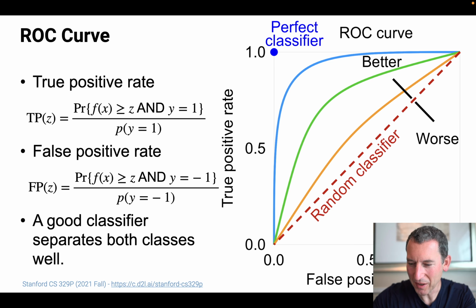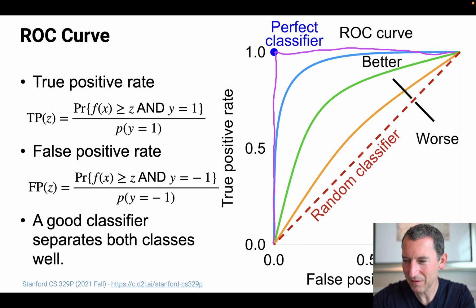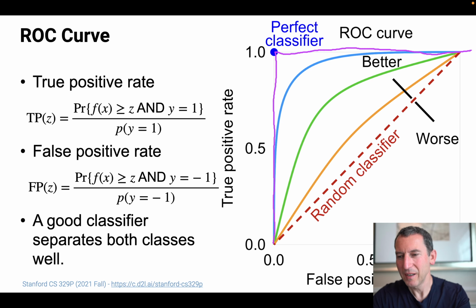So the optimal model would be one that looks like so, where basically we get all the true positives without a single mistake, and it never increases to any meaningful false positives.